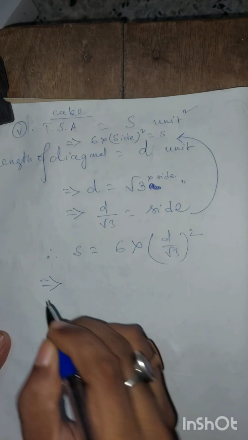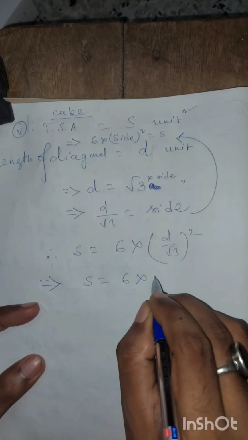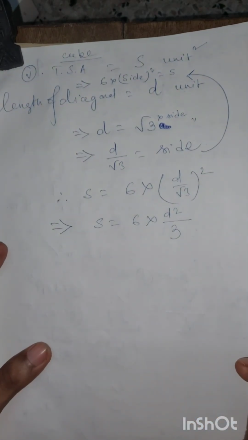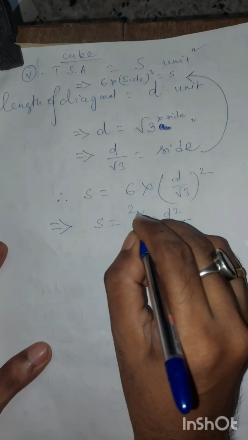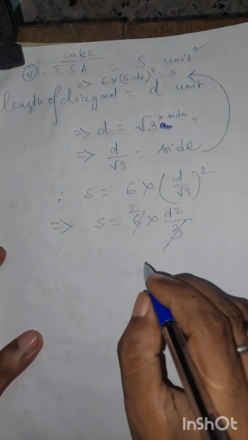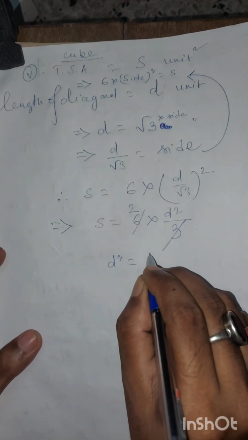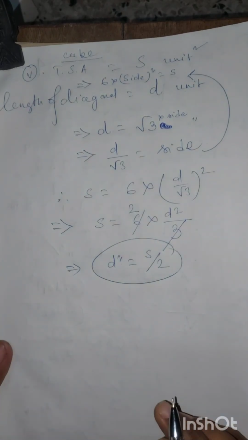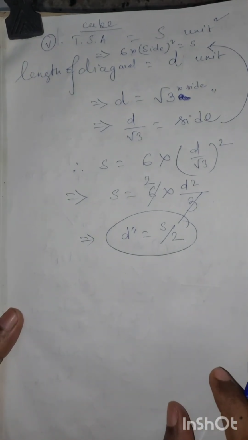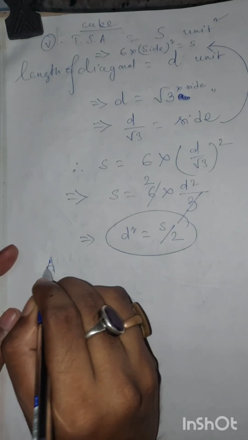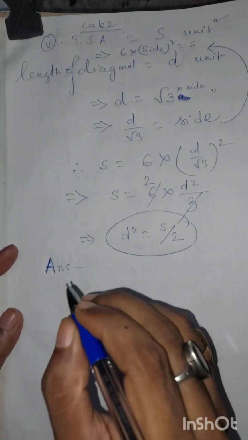Okay, now d square is equal to s by 2. So this is our relation. Therefore, answer is option D.